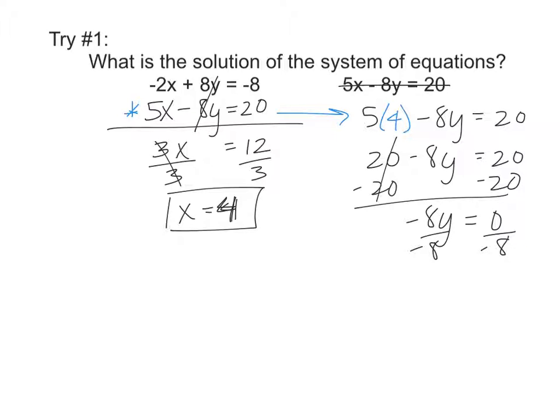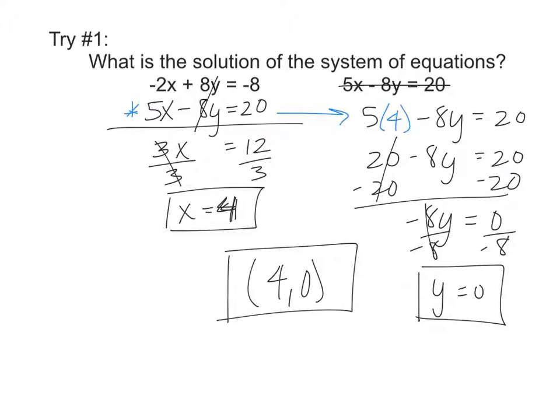And we know when we divide that we will have y is equal to 0. So in this case, our ordered pair is 4, 0, meaning our solution is 4, 0. And that is our final answer.